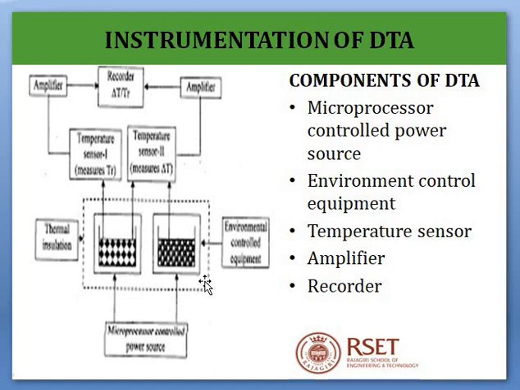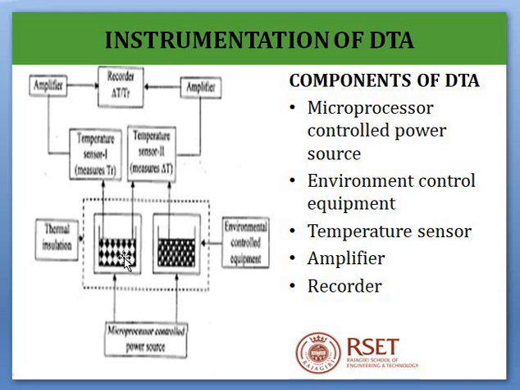Then it is thermally insulated, and it is provided with environment control equipment. Environment control equipment is a gas cylinder through which you are passing inert gases like nitrogen or helium into the furnace to make an inert atmosphere inside the furnace. Then you have to measure the temperature of both sample and reference.